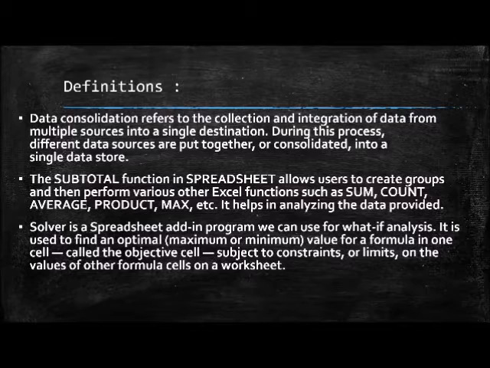Consolidation of data means the process of combining the data organized into different sheets into one worksheet or cell. For example, data on sales of various salesmen of a company, like quarterly, monthly and so on.